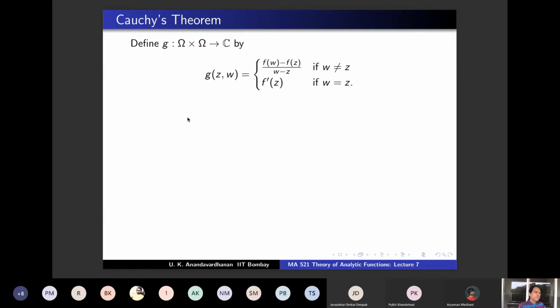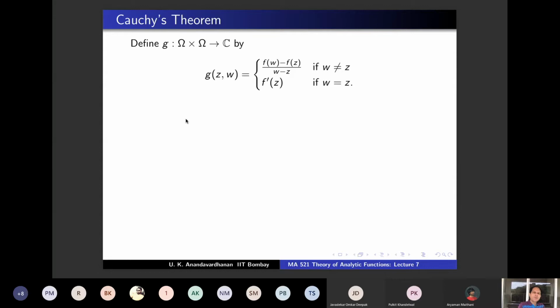Then we had proved Cauchy's theorem for a convex set under the assumption that your function is continuous throughout and holomorphic, maybe except at a point. One exception was allowed, and then we could substitute this function and apply Cauchy's theorem. That was the proof of the Cauchy integral formula.